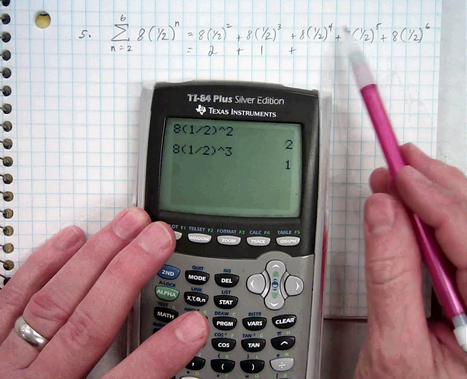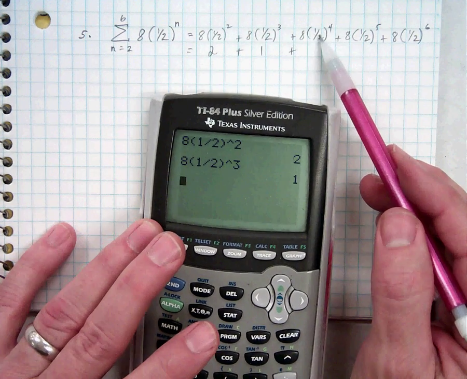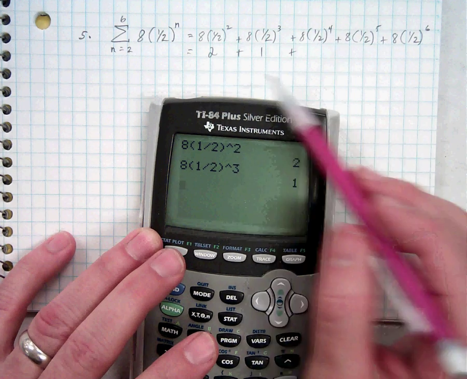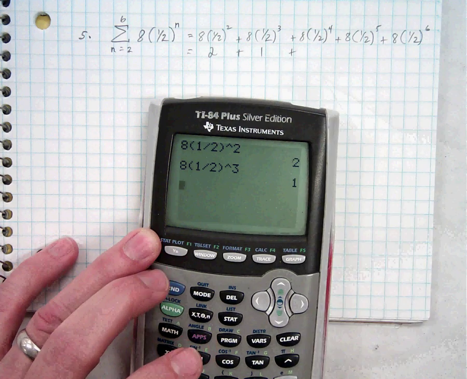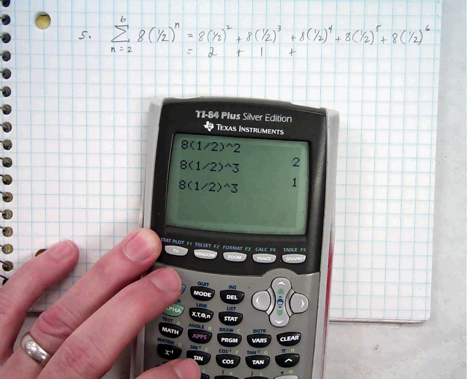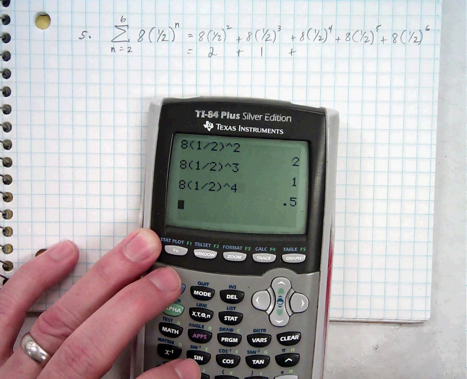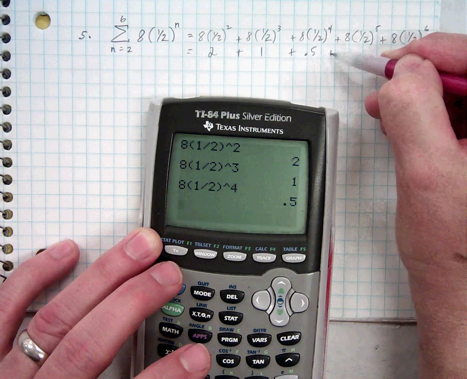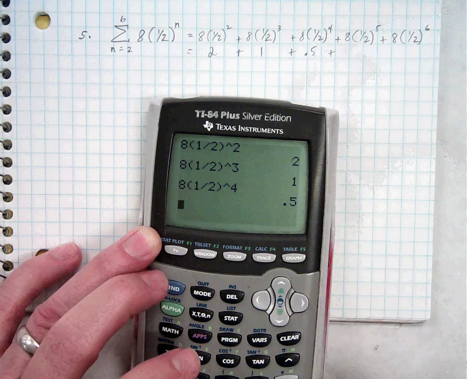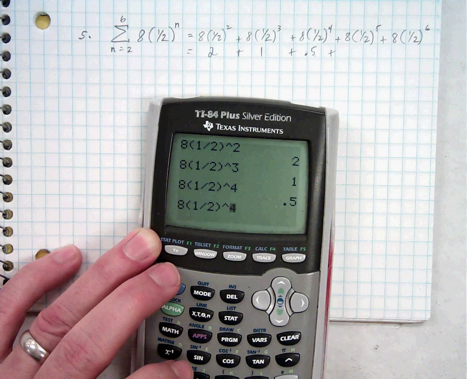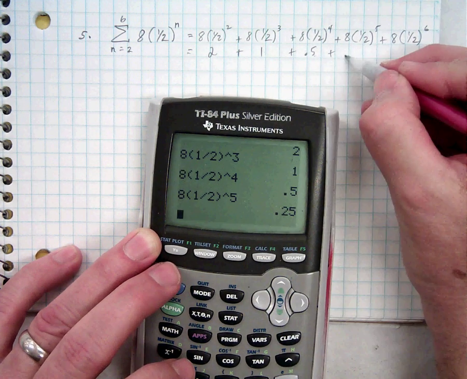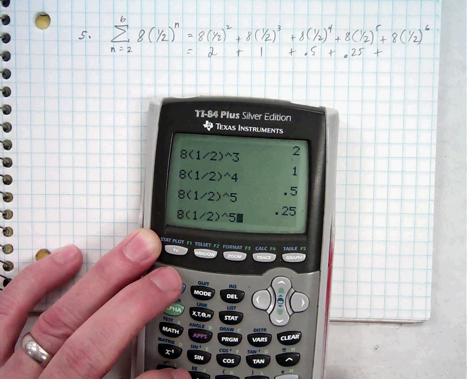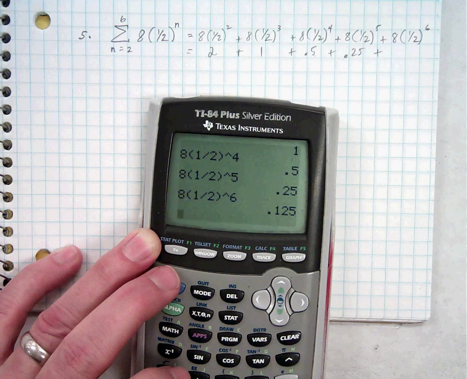Since we're repeatedly multiplying by half, the numbers are getting smaller, so it's always going to be half. So this next one should be a half. That's right, because half of 1 is a half, so that's 0.5. And then the next one's going to be half of that, which is 0.25. And the next one will be half of that, which is 0.0625, I think. No, it isn't. It's 0.125.